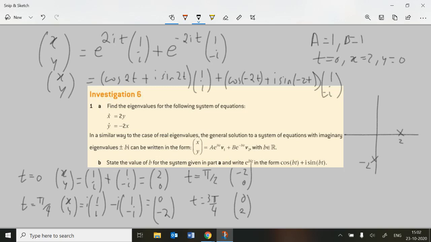So this is the position vector, if you like. This is x at 0, and this would be x at pi over 4, and so on. If we wanted to put those subscripts in, that might help us out. Okay, and then the next coordinate point, of course, is here at minus 2, 0. And then the next coordinate point is here, 0 and 2.